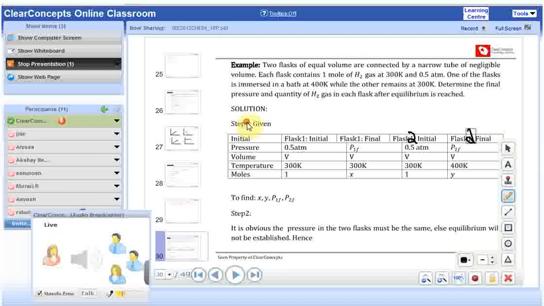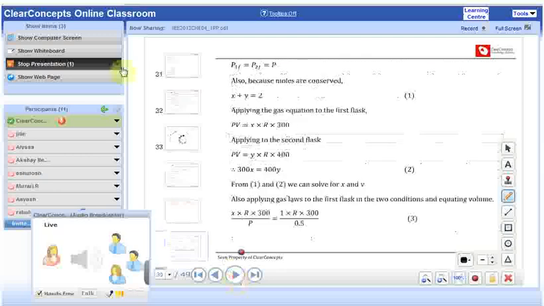Correct? Therefore, it should be obvious that P1F, the final pressure of flask 1, must be equal to the final pressure of flask 2. This is the one key insight that you need to have from the physical setup of the problem. So P1F equals P2F equals some pressure P. Now the gas cannot escape.